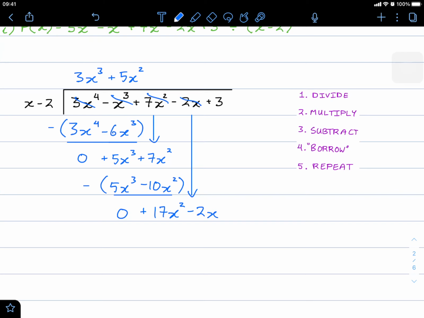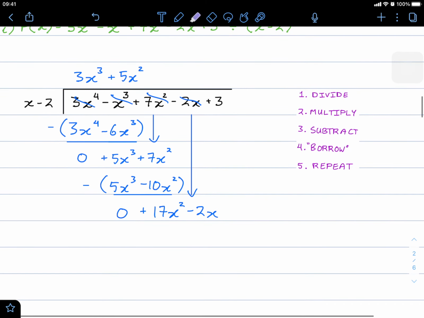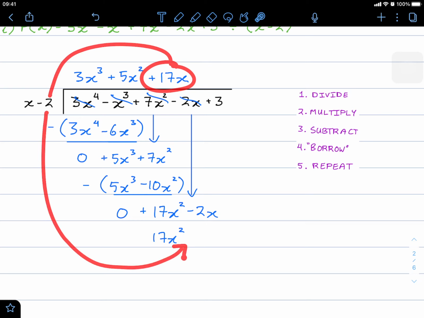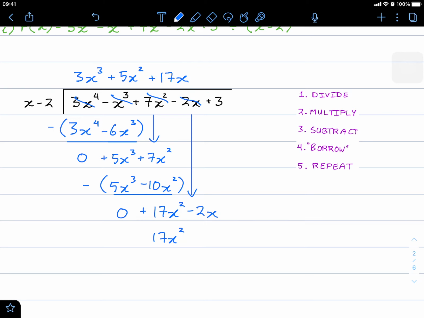Then we repeat. 17x squared divided by x, that's just going to be 17x. Multiplying 17x times x will give us 17x squared. Multiplying 17x times negative 2 is going to be negative 34x.